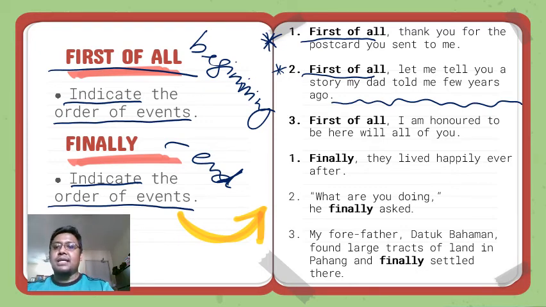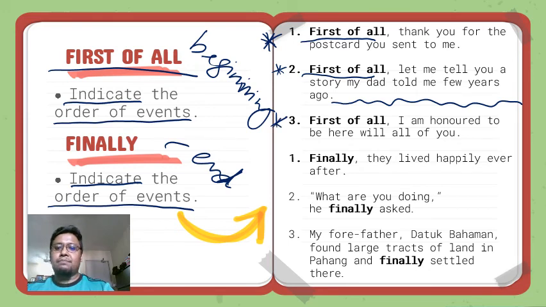So this is the introduction. Do you still remember? We used to live in this old house, and so on and so forth. That's why first of all needs to be put at the beginning of the sentence.